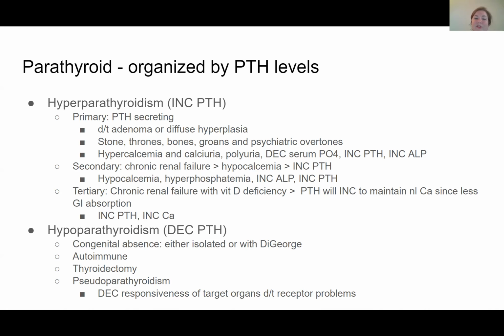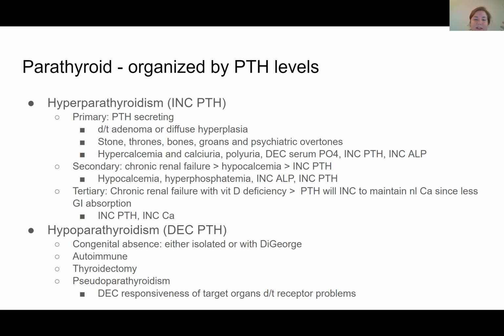Stones, thrones, bones, groans, and psychiatric overtones. This comes from First Aid. I think they put it in the notes too, I don't remember. That's how you're going to diagnose the patient. So stones is kidney stones, thrones is polyuria, bones, bone pain, I believe. But what are you going to see?